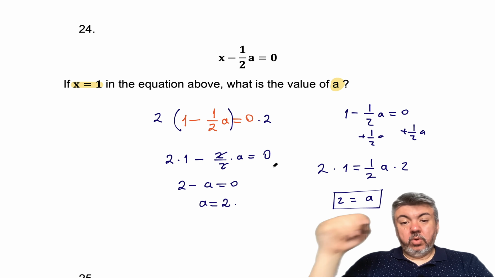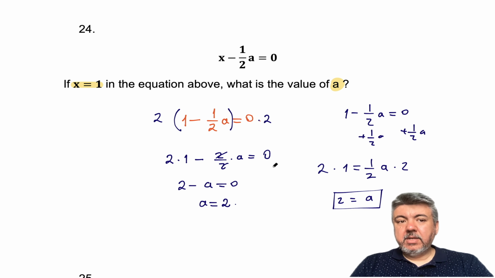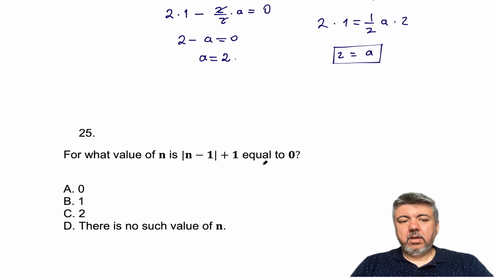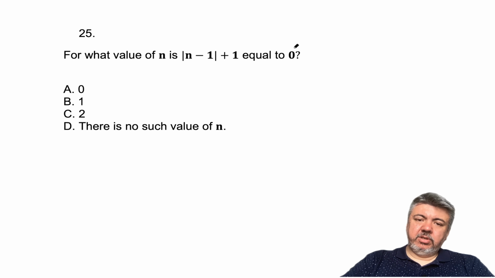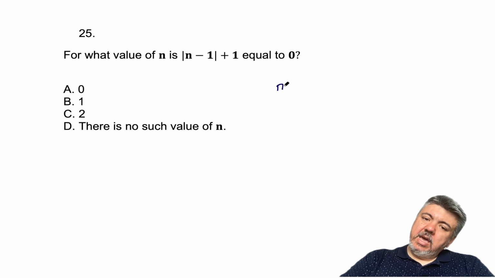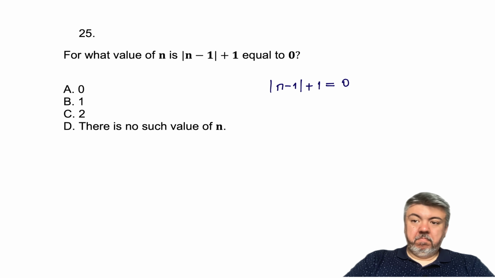That's also another way of doing it. Absolute value, 25. For that value of n, is n minus 1 plus 1 equals 0? Look at this: n minus 1 plus 1 equals 0.